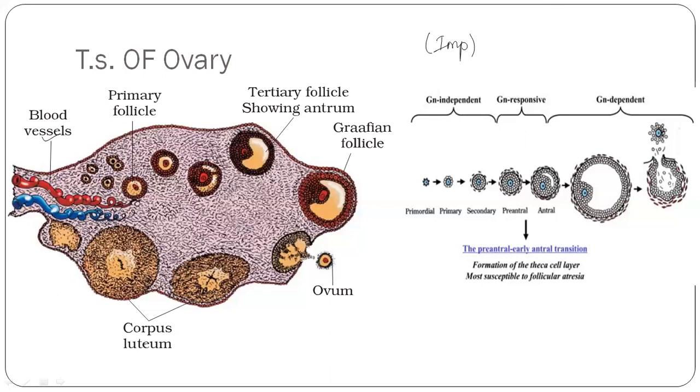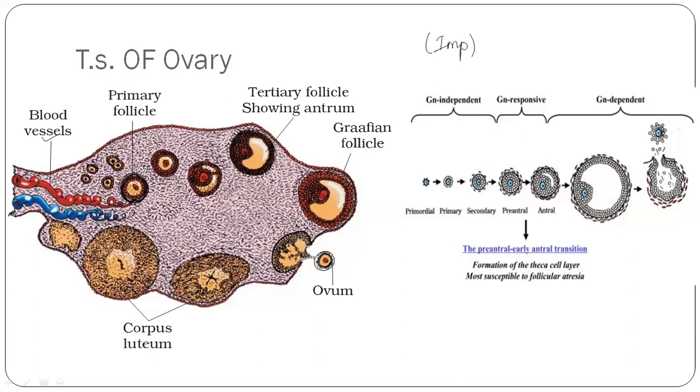There are blood vessels in the ovary, and the primary follicle, the first follicle, later forms the ovum and releases it. Then there is the tertiary follicle, then the Graafian follicle, from where maturation takes place and the ovum is released.